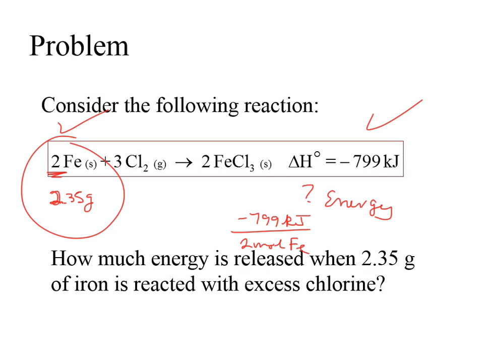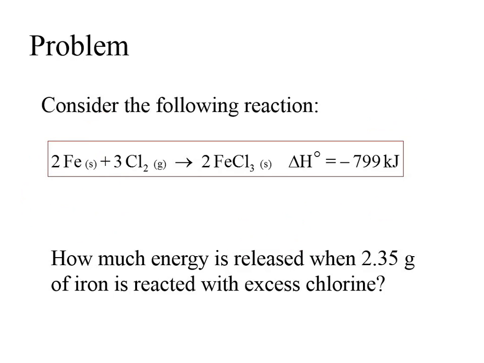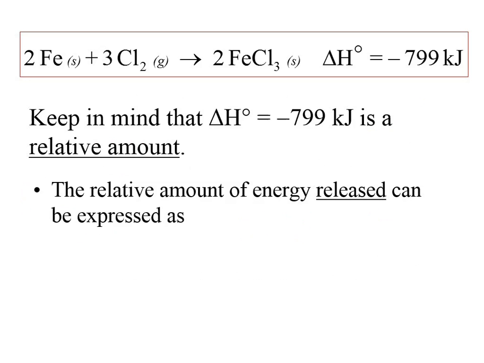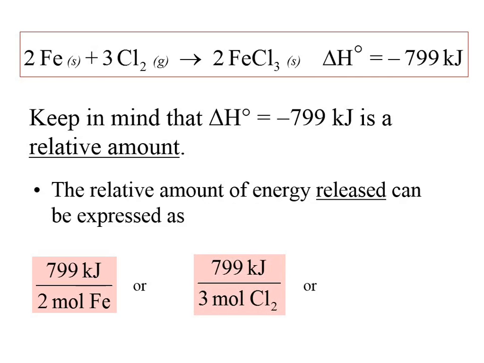I lost my blue one, so now I'm on to magenta. So with regard to stoichiometry and energy, for instance, we could say a few things about this equation that we're working with in that enthalpy of reaction. We could say 799 kilojoules of energy are released for every 2 moles of iron. Actually, that's the one we're going to use. We could focus on the Cl2.